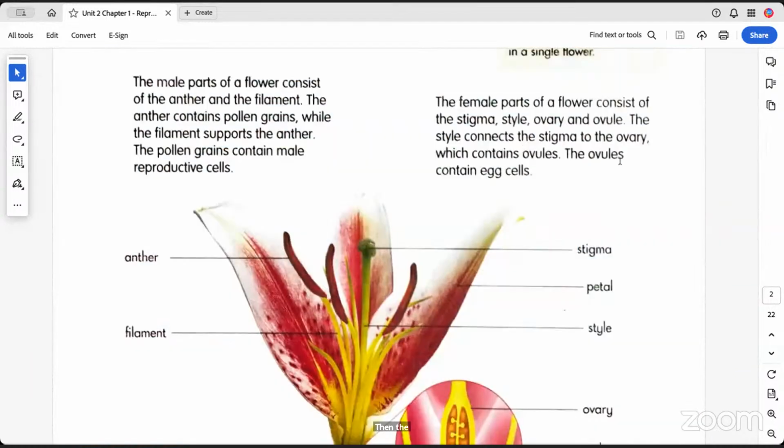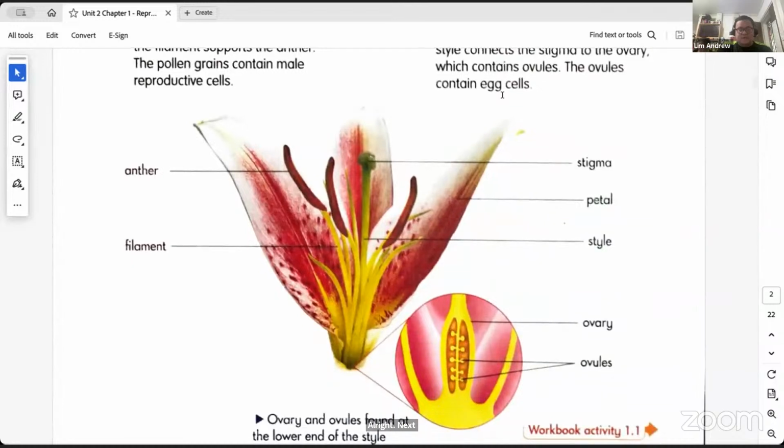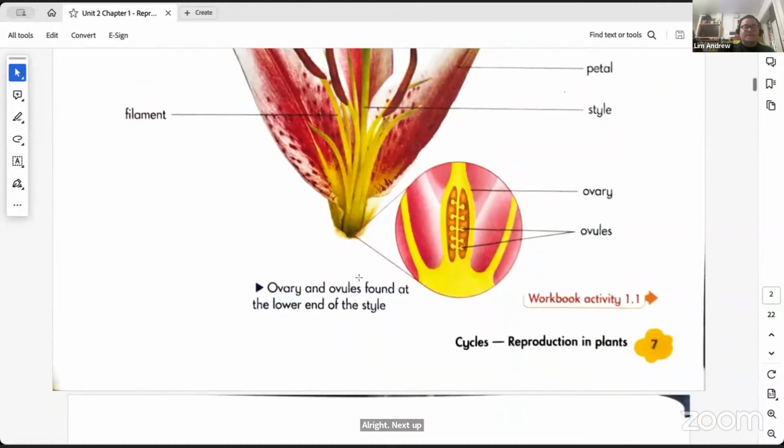As for the female part, it contains the stigma, style, ovary, and ovules. The style connects the stigma to the ovary. So when the pollen grain touches the stigma, it will travel all the way down the style to the ovaries. Next up, let's move on. The ovaries and ovules are found at the end of the style, located here.